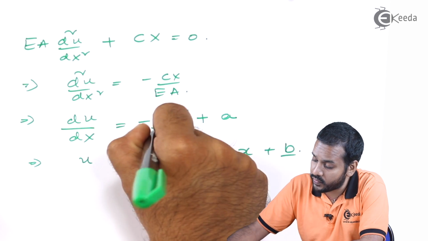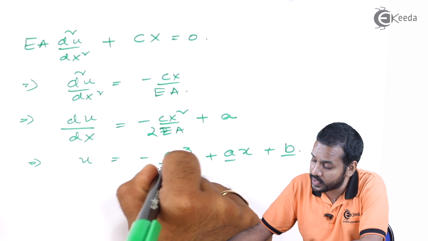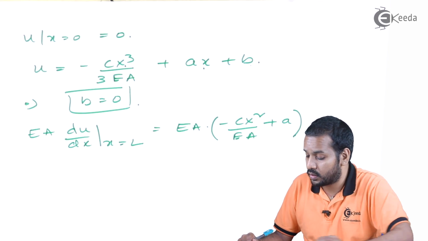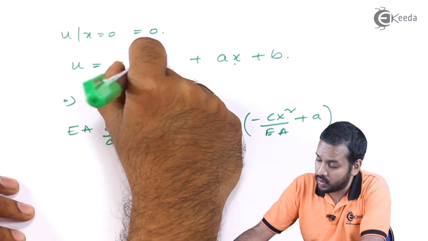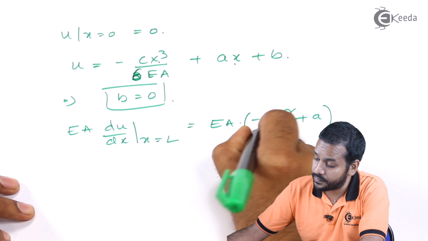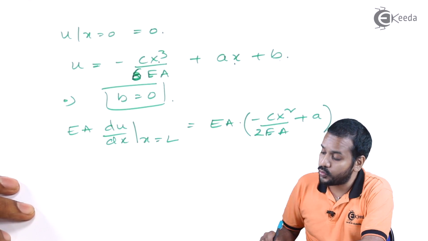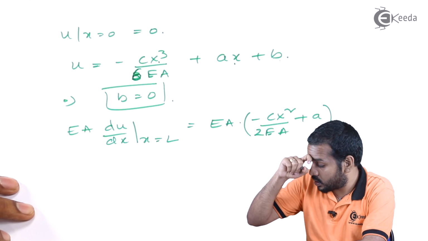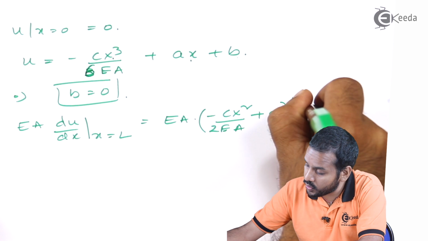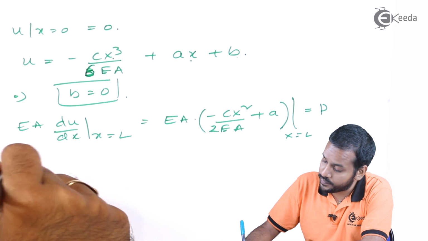It has to be Cx square by 2EA, and u has to be Cx cube by 6EA, since it is integration, right? This is 6EA, this is 2EA. And this at x equal to L equals P.